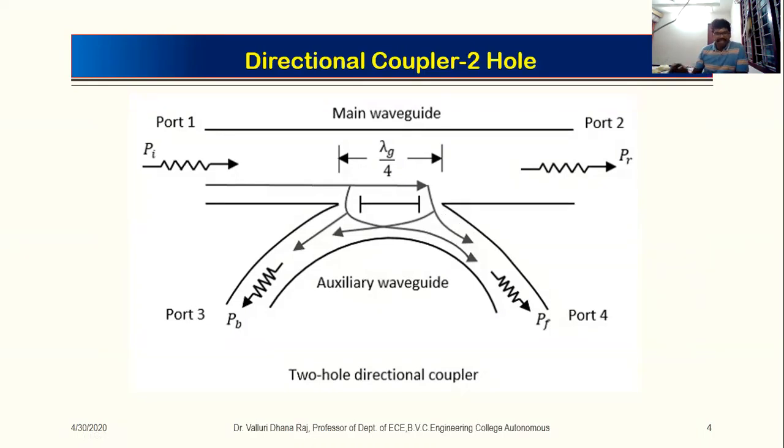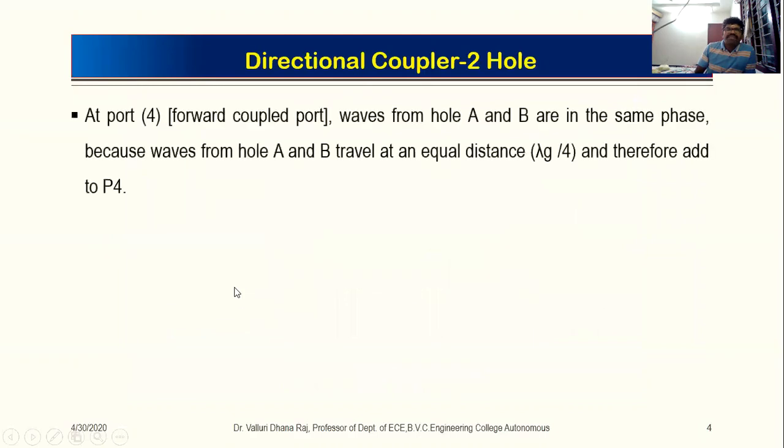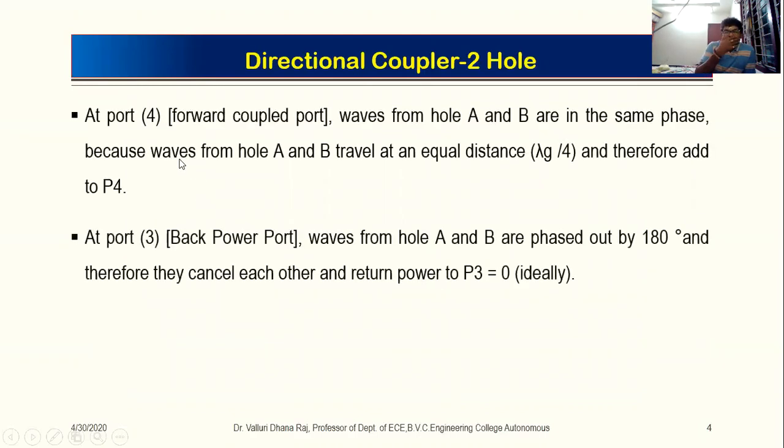If any reflections are there, it will appear across PB. So port 4 and port 3, forward coupled port, backward coupled port.